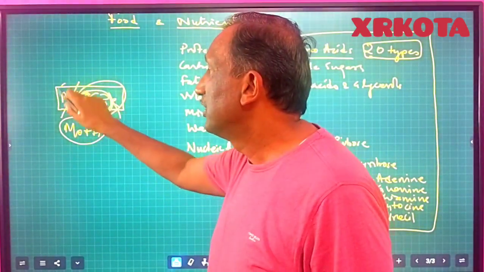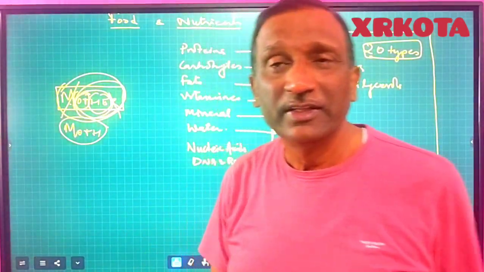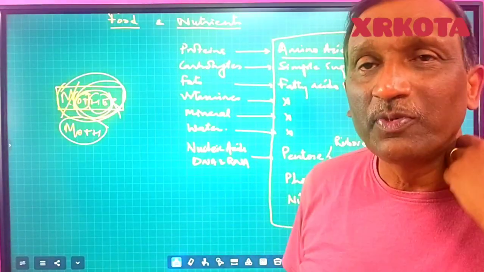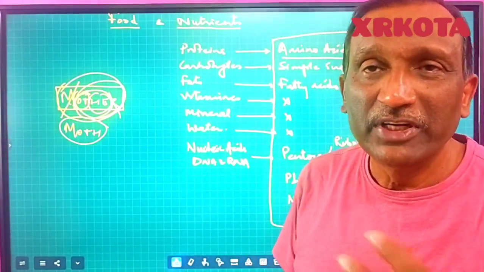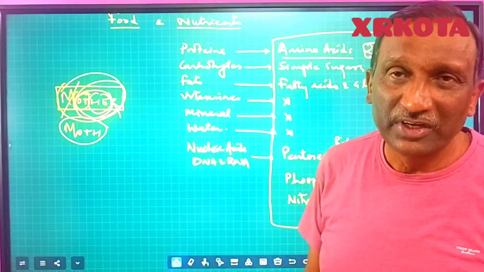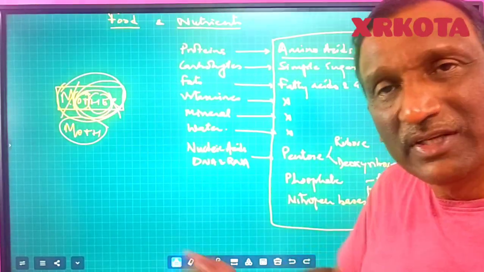The word mother can be used to make so many different words. Similarly, a particular protein, like the protein which we get from milk, can be used to make different types of proteins.